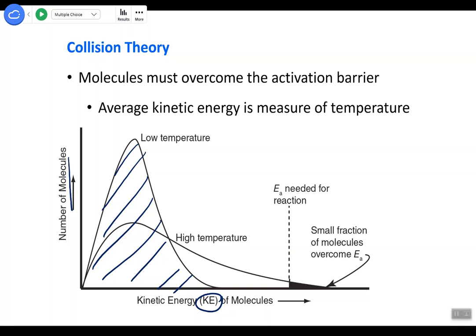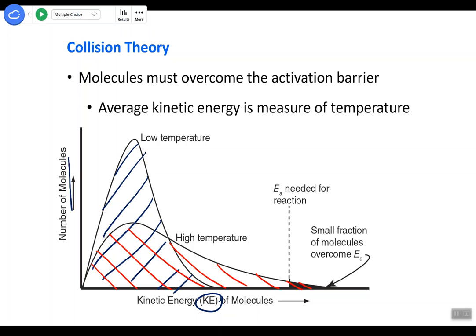It's a distribution, just like we talked about gas speeds being a distribution. At a low temperature, the kinetic energy is lower. But if we increase the temperature, the distribution widens, and we end up with more molecules having higher kinetic energy, higher levels of energy.